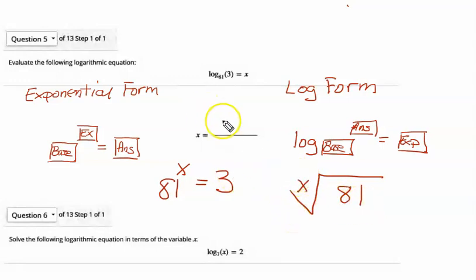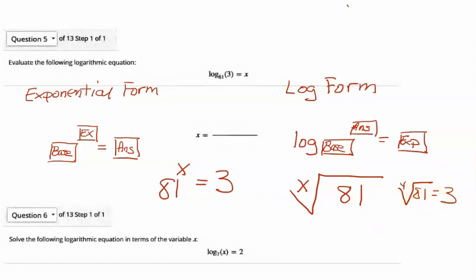Well, if x were a 4, the fourth root of 81 is 3. But it's not a 4 here. Remember, we said this had to be a fraction.